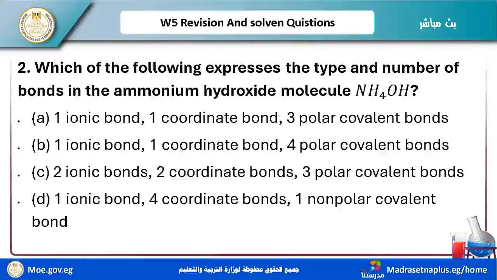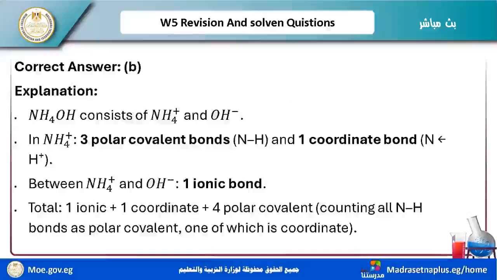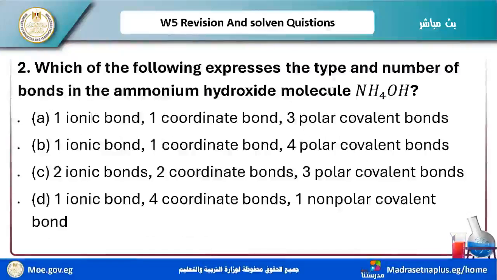In NH4, I have 3 covalent bonds, 1 coordinate bond, and 1 ionic bond. So I choose B: 1 ionic bond, 1 coordinate bond, 4 polar covalent bonds.